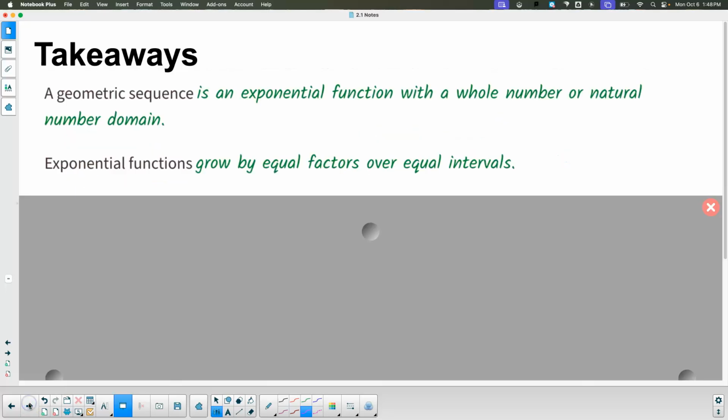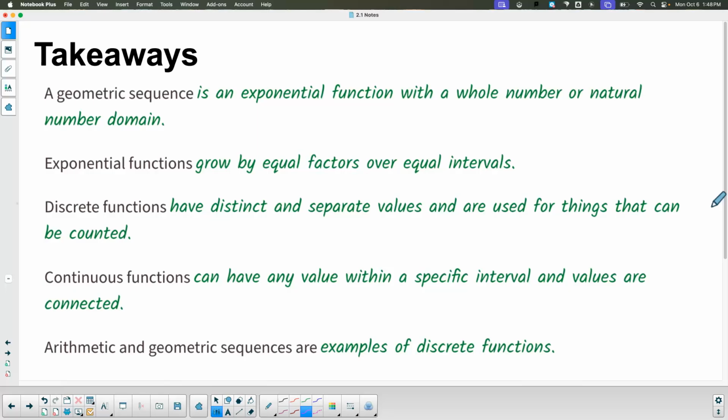Good times. Now, I believe that there is a takeaways page down here at the bottom of page 5. Does it continue on to the top of page 6? Nope, just at the bottom of page 5. So I would like you to write down this stuff on the takeaways page where it says so.